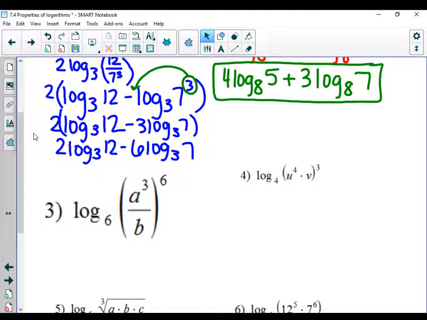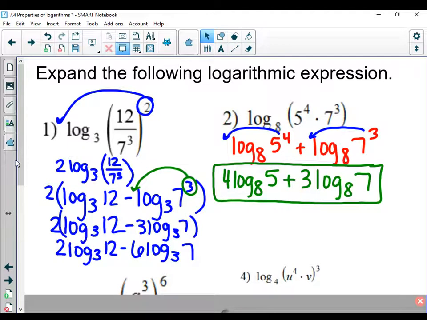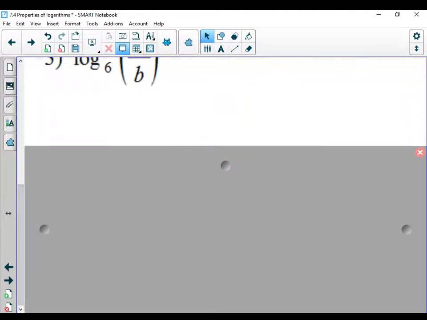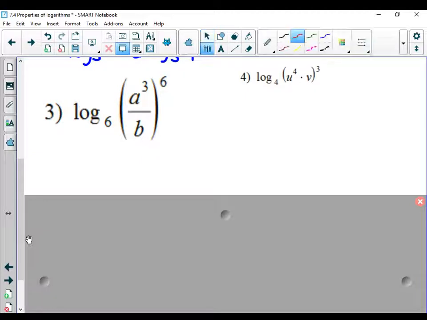All right, who wants to walk me through number 3? Let me get this scrolled down here. Who wants to walk me through number 3? Okay, go ahead. So you can move the outside exponent to the front of the log. Okay. Since you're dividing, you'd expand it to subtraction.